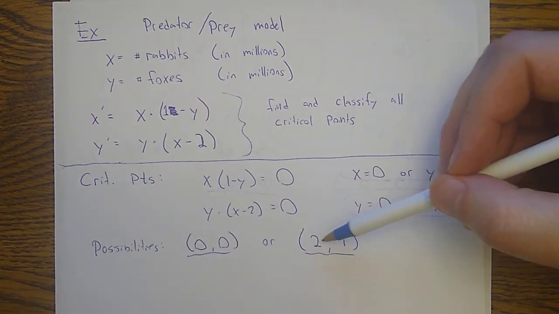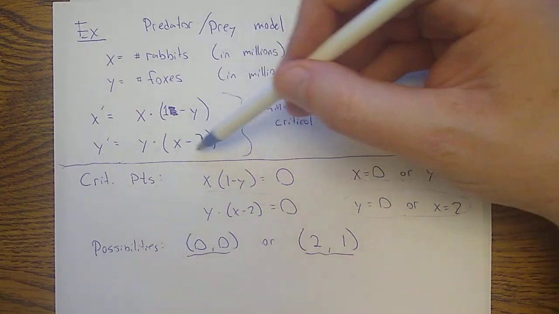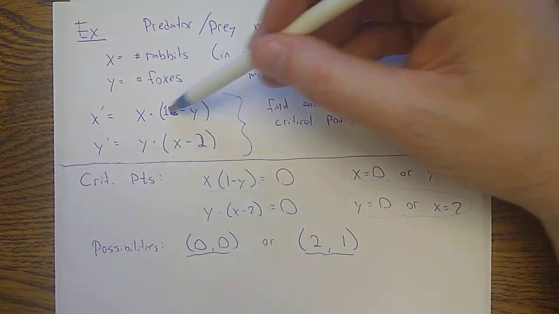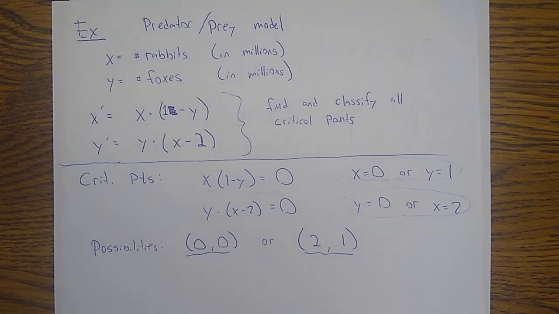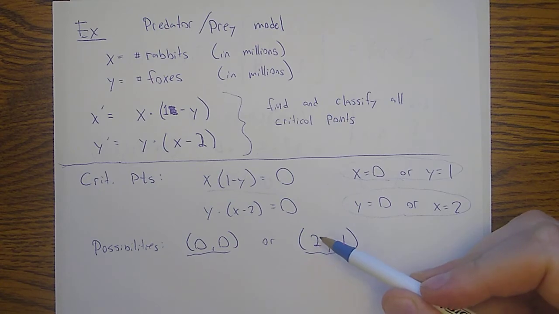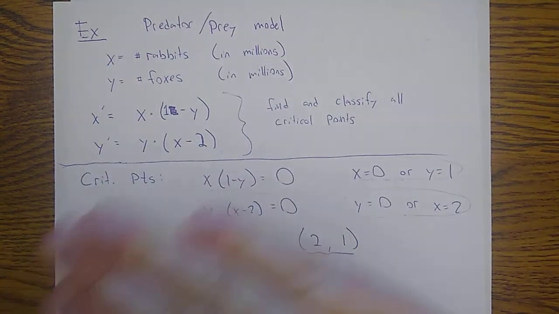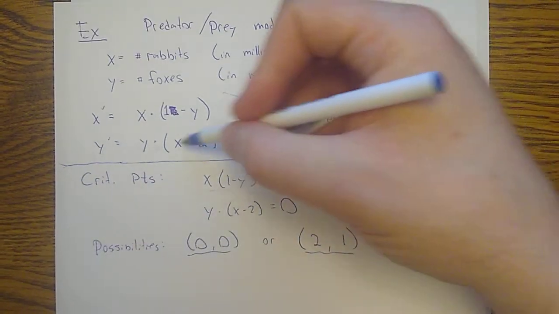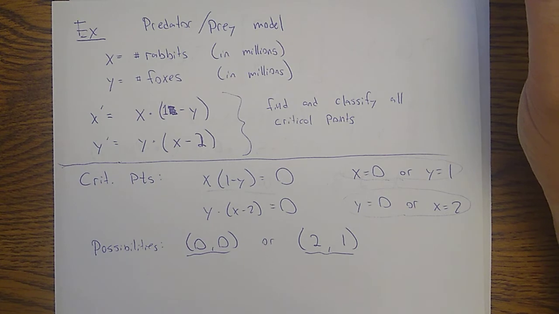Meanwhile, 2, 1 is just like x being 2 is what makes this 0, and y being 1 makes this 0. And that's kind of a sweet spot in the sense that if you have exactly 2 million rabbits, then that's the perfect number of rabbits where it makes the number of foxes just stay where it is.